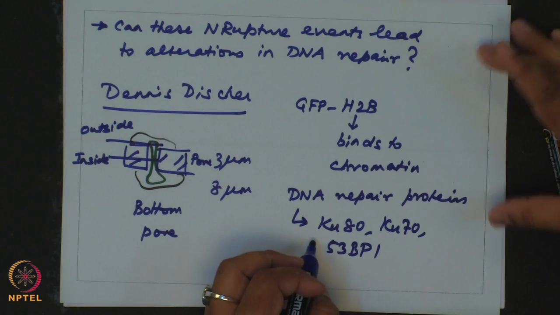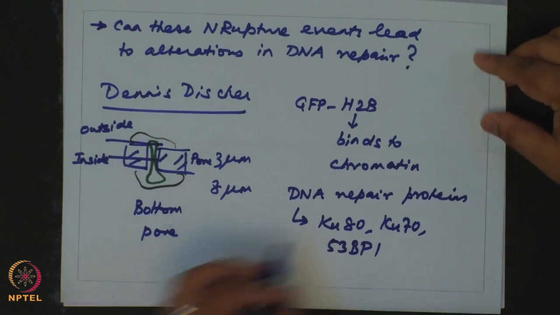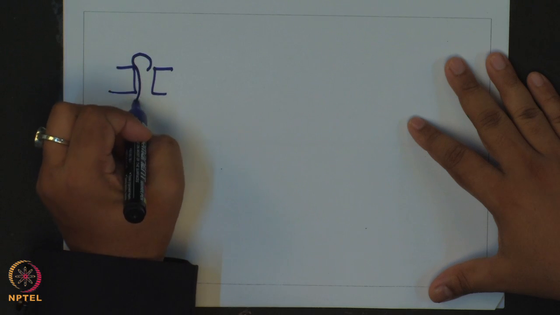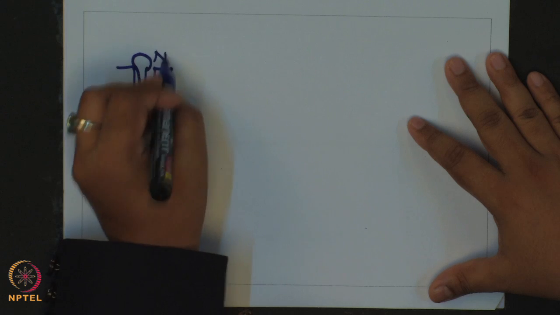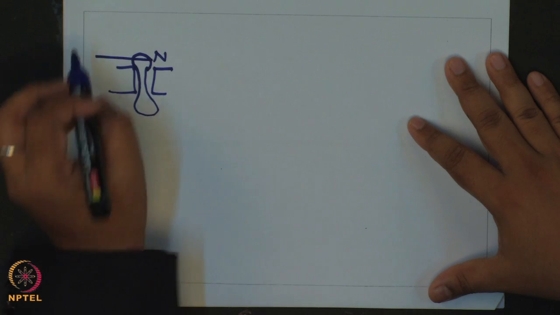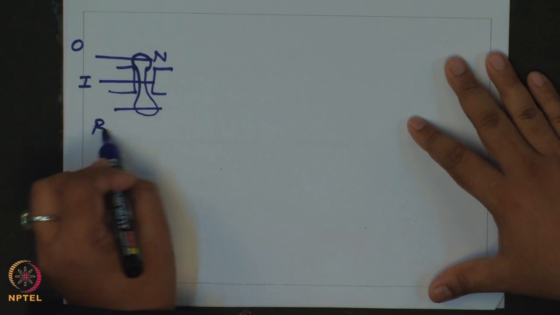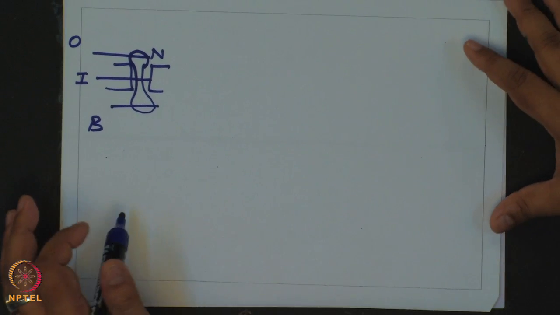Okay. So, these are all DNA repair proteins. Okay. So, what they found, okay, so again if I were to just draw the nucleus, let us say this is my nucleus, okay, they were tracking outside, inside and bottom intensity of these proteins.